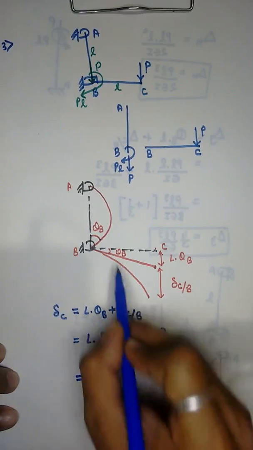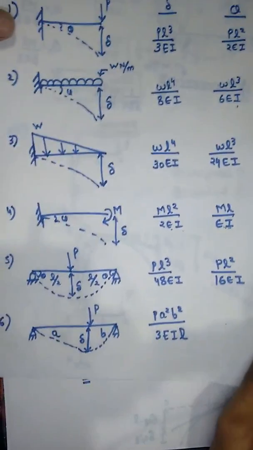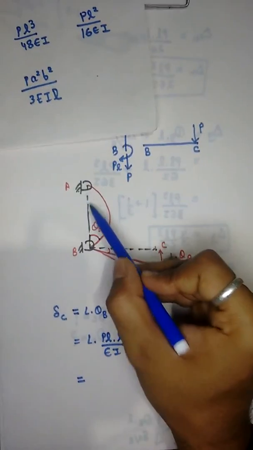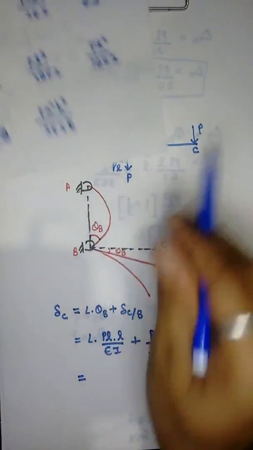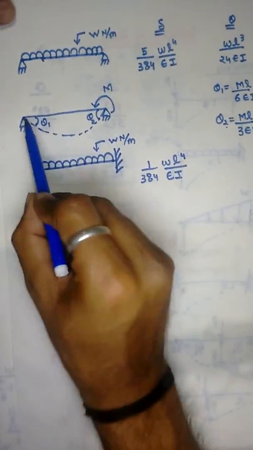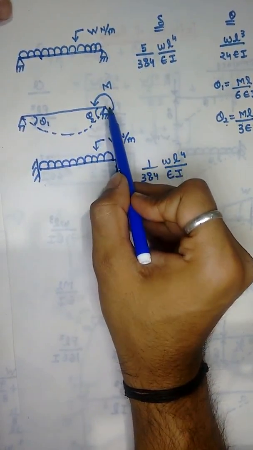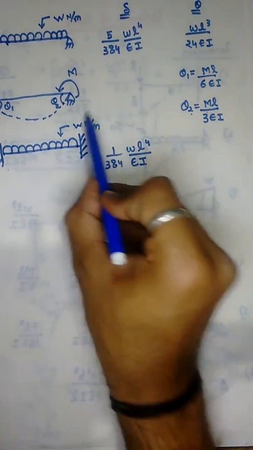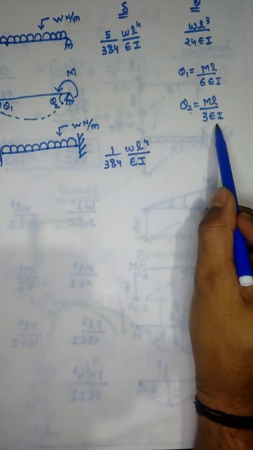This theta B is due to moment M, but this is not a cantilever beam. This is a simply supported beam having a moment at one of its ends. So the theta value is ML upon 3EI. Theta, where the external moment acts, is ML upon 3EI.